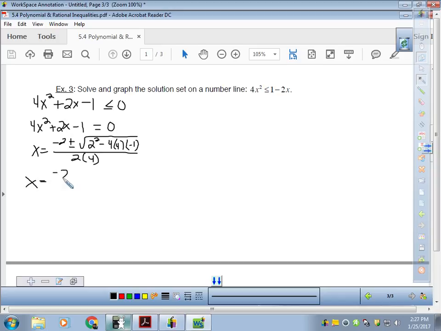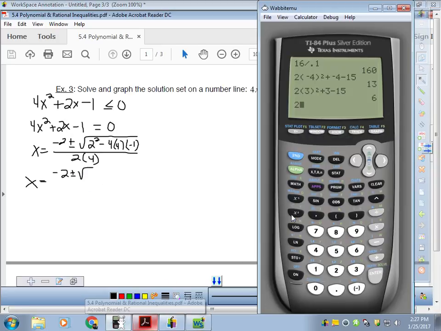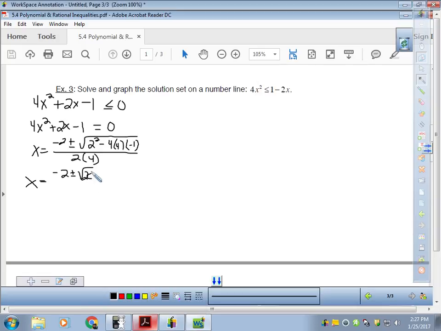So it's negative 2 plus or minus a square root. I'm going to figure out what's in there really quick. 2 squared minus 4 times negative 1. So the 20 that's in there. Over 2 times 4, which is 8.